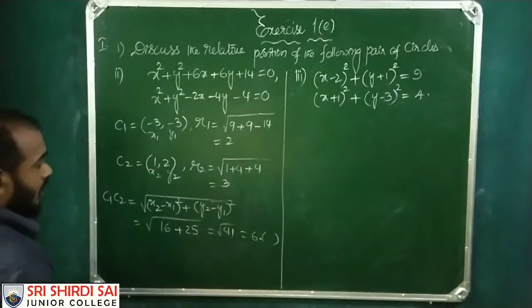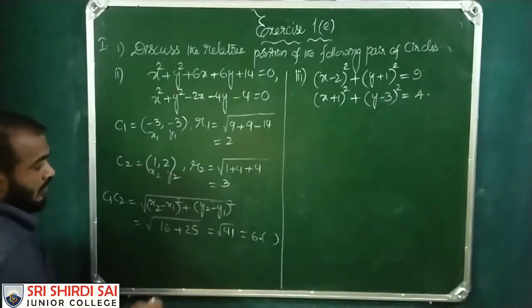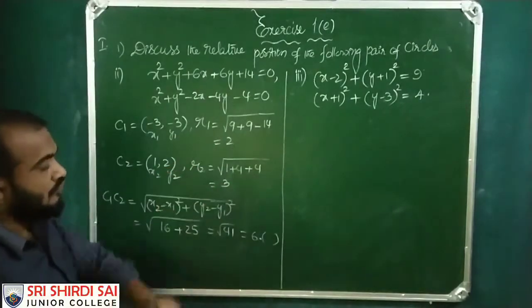Now C1C2, R1 plus R2 is how much? 3 plus 2, 5.